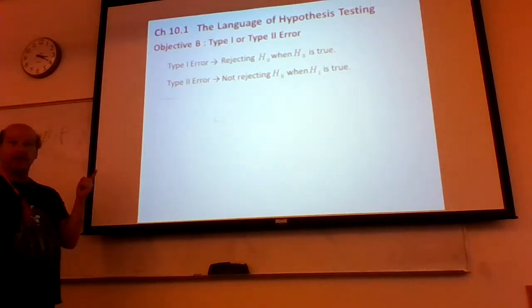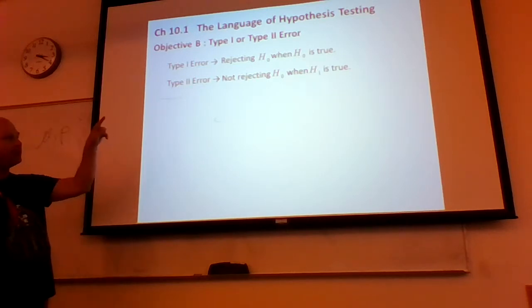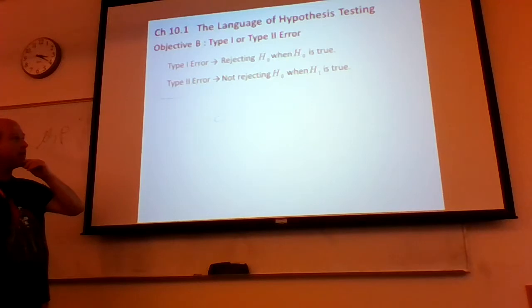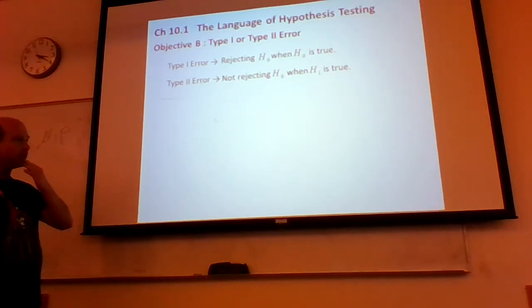I don't really like how that's phrased, though. I'd rather say when H0 is false, instead of H1 is true. It amounts to kind of the same idea, but I like that.